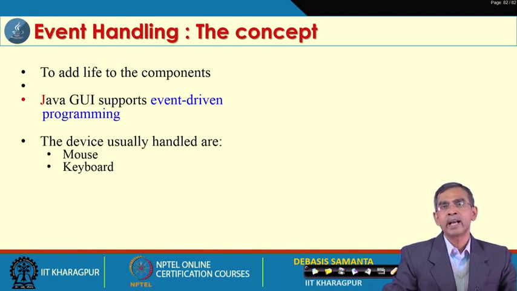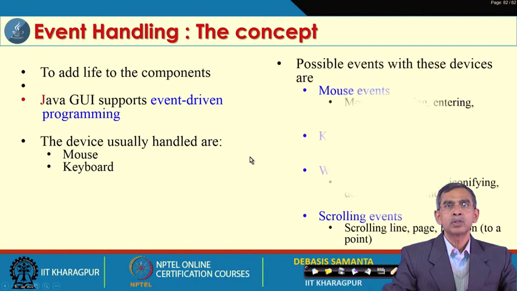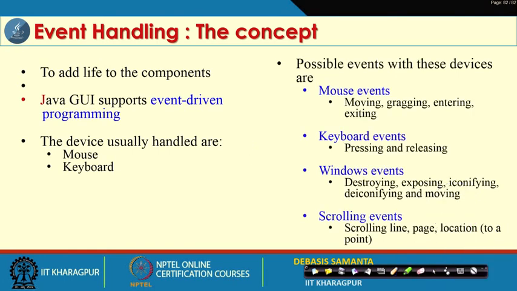The source of an event is a different component, and in the background you have to write the program for what will be the consequence if that event is triggered by a mouse or keyboard.